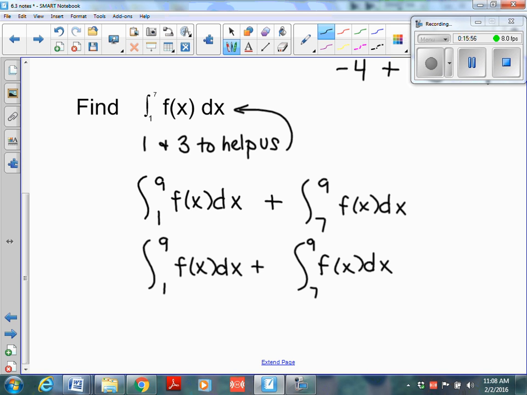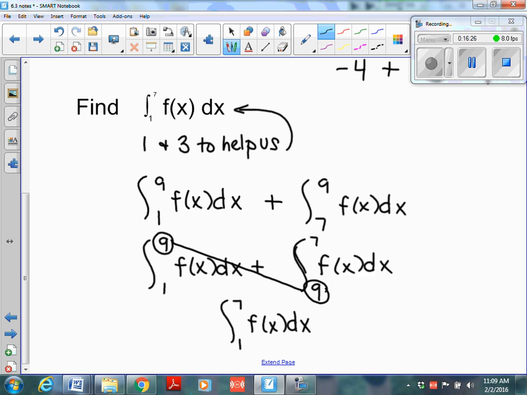Sorry, I did not flip the 9 and the 7. I thought I did. I said I was going to do it. The 9 goes here and the 7 goes here. Okay, remember I said that these two numbers need to be diagonally of each other. Are they diagonally of each other? Then what you're going to end up with is the integral from 1 to 7 of f of x dx.